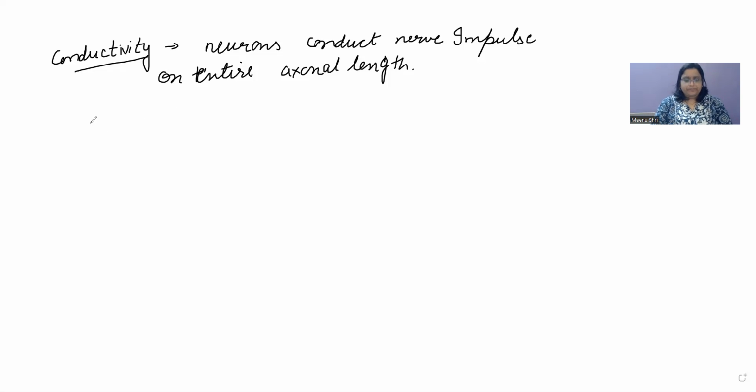So I'm writing down all the notes simultaneously.